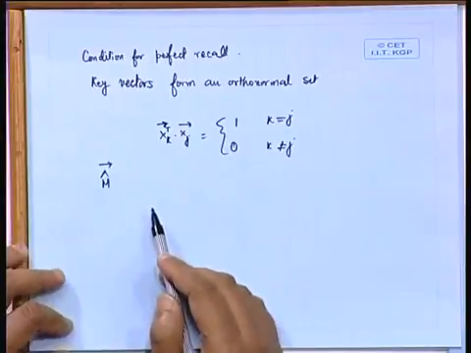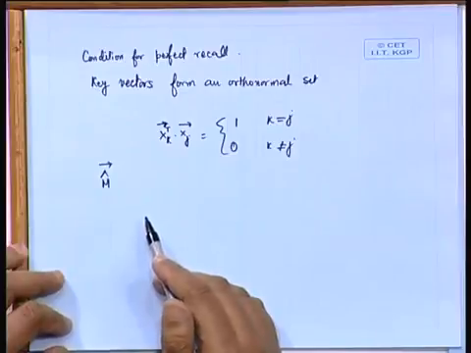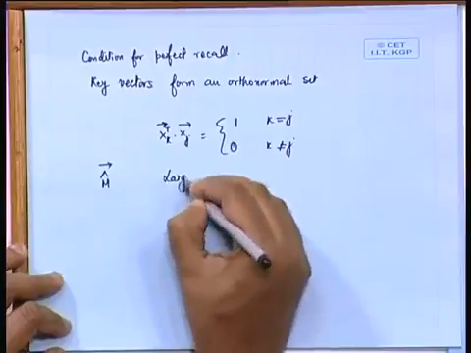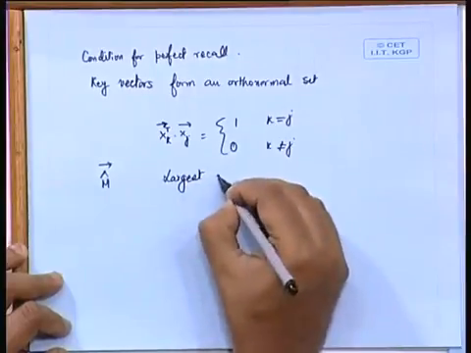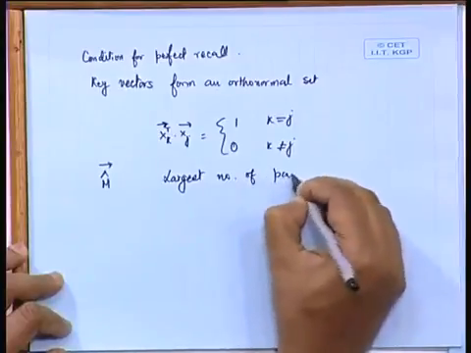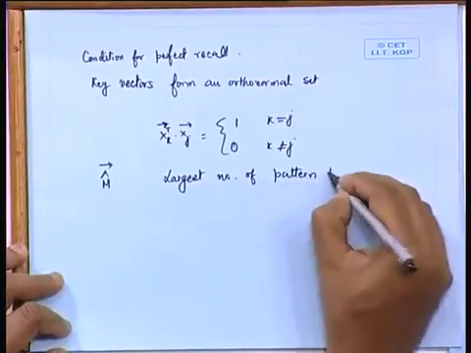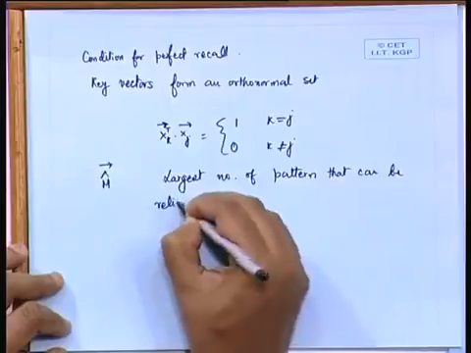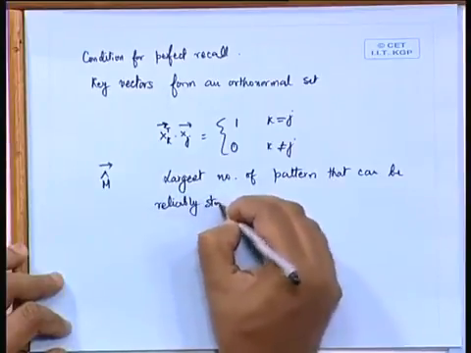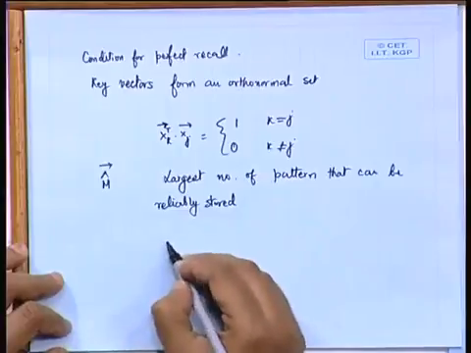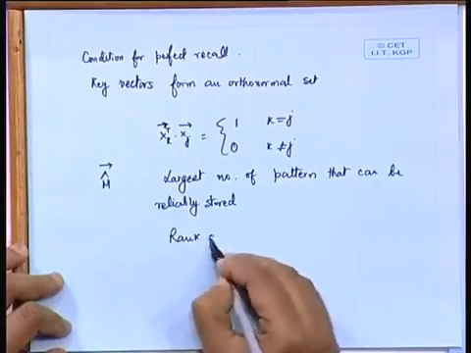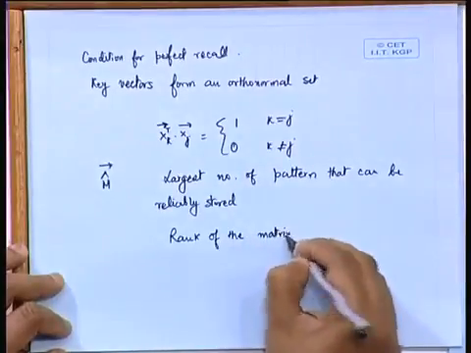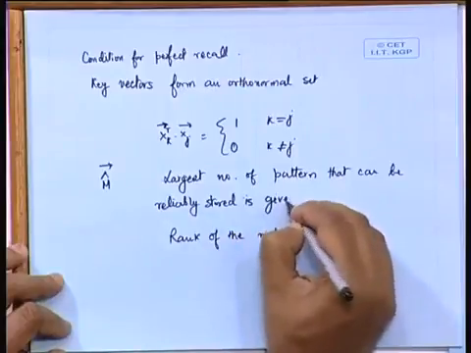And now for the matrix M cap, the largest number of patterns that can be reliably stored is in fact given by the rank of the matrix M. So, let us remember this.